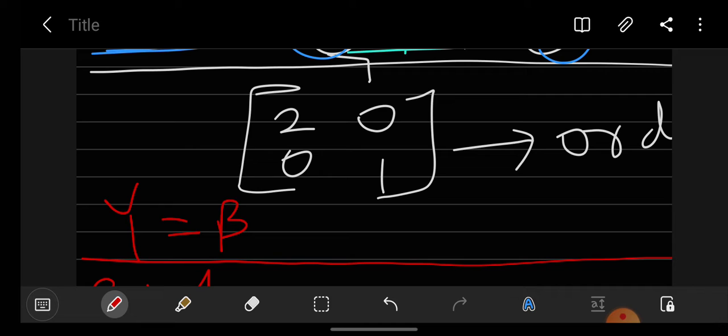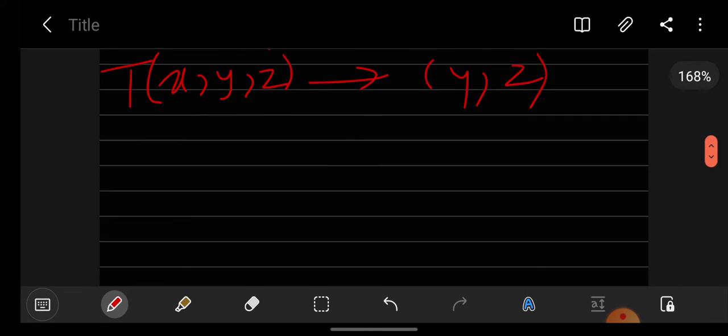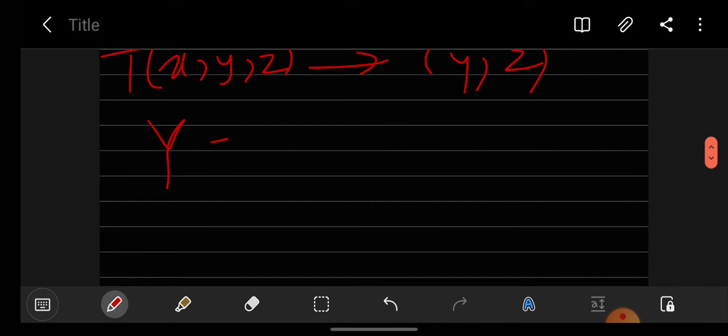Because the dimensions of these two ordered bases are the same. But whenever the dimension changes from one linear mapping to another, from one transformation to another, then you get different values of gamma and beta.